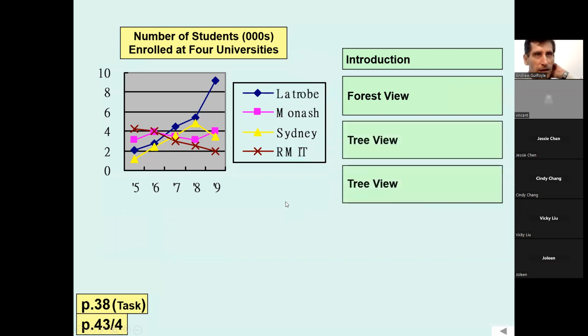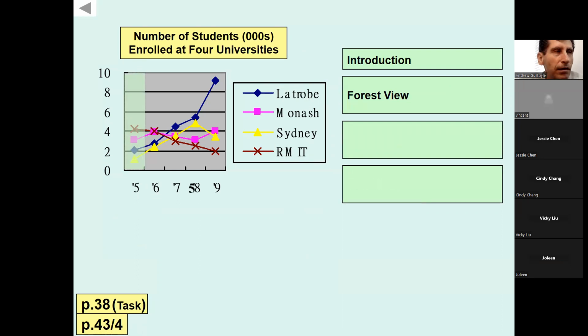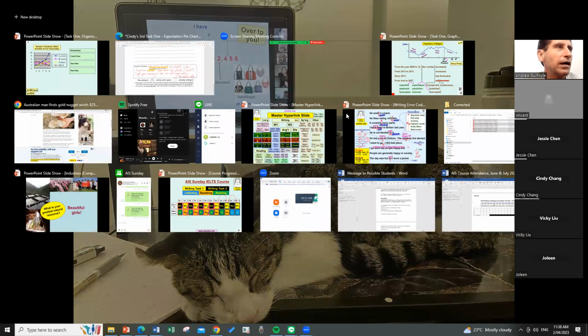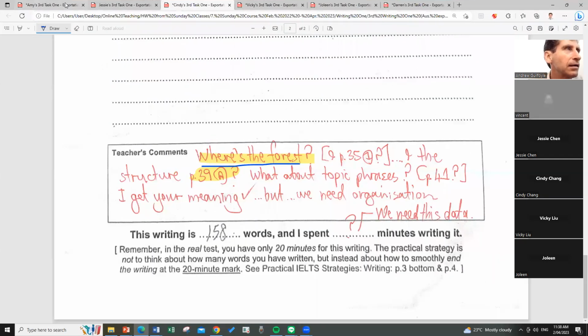Okay, now let's move on to look at the tree view to build up the whole answer. What do we write there? Well, I taught you to use topic phrases like this. Well, before we do that, not everyone used topic phrases, did they?